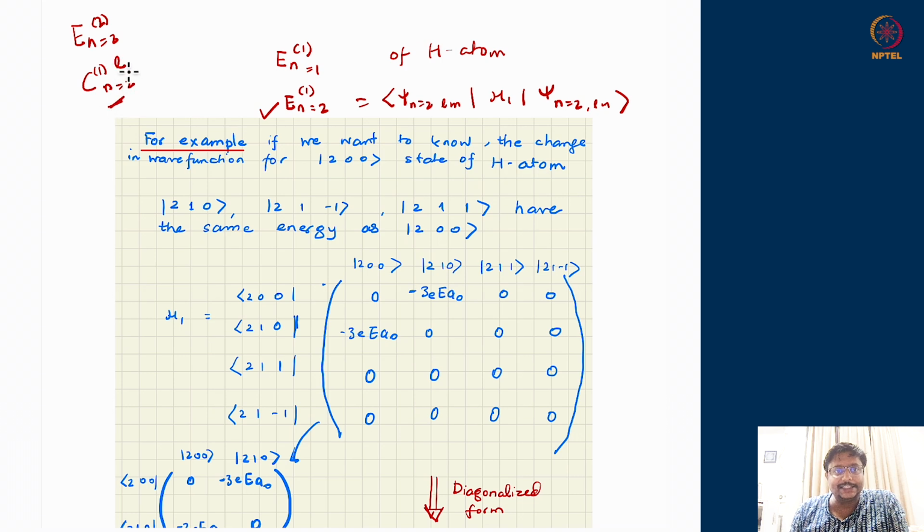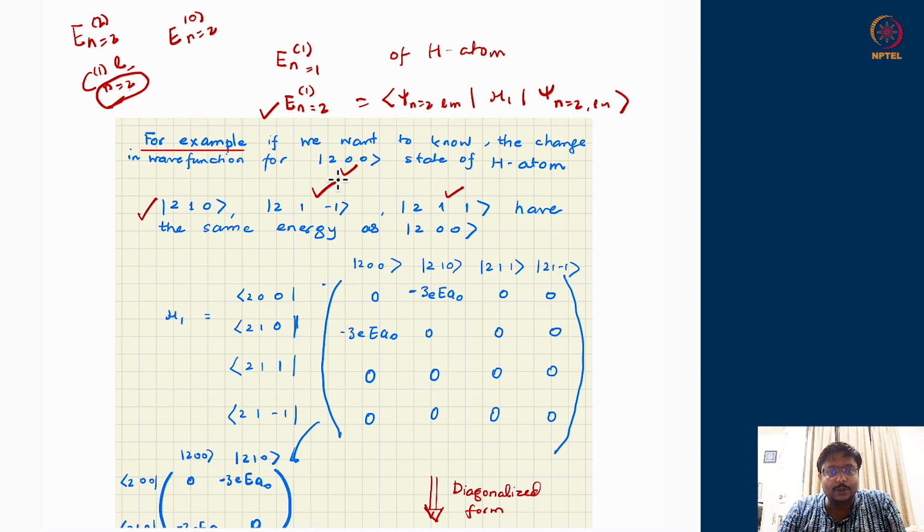So these things are problematic here, because n equal to 2 comes with an energy En for n equal to 2, which is shared by 4 states: 210, 21 minus 1, 211 and 200. So all these have the same energy. Therefore we are talking about degenerate perturbation theory here.